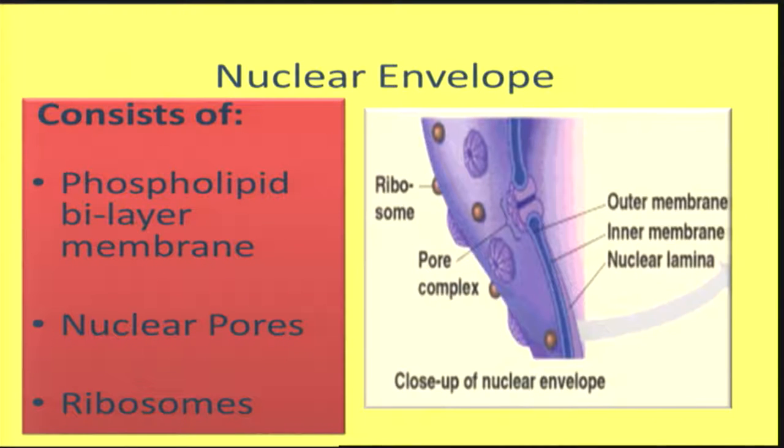What does the nuclear envelope consist of? In the picture on the right, we are seeing the presence of ribosomes, the pore complex, and a close-up of the nuclear envelope: outer membrane, inner membrane, as well as the nuclear lamina. So it consists of the phospholipid bilayer membrane, the nuclear pores, as well as the ribosomes.